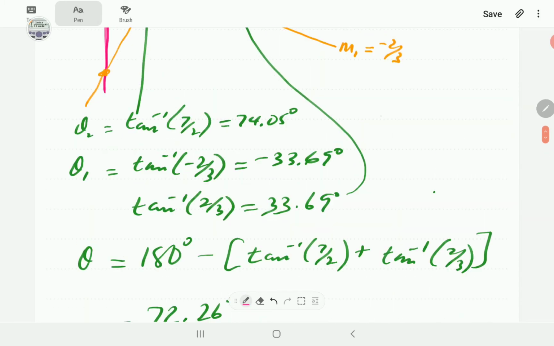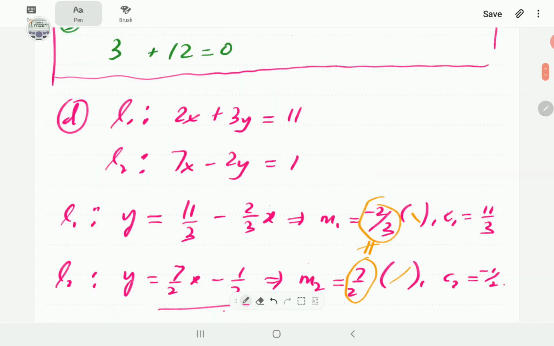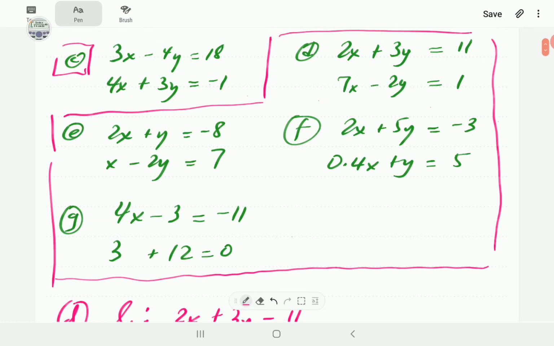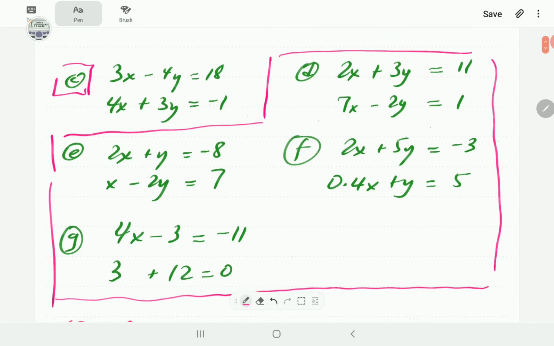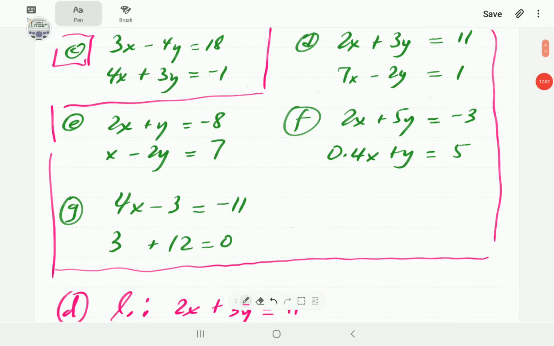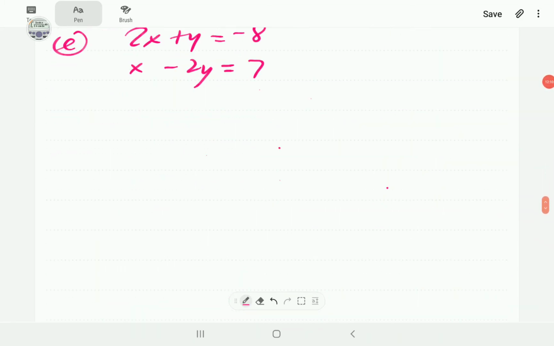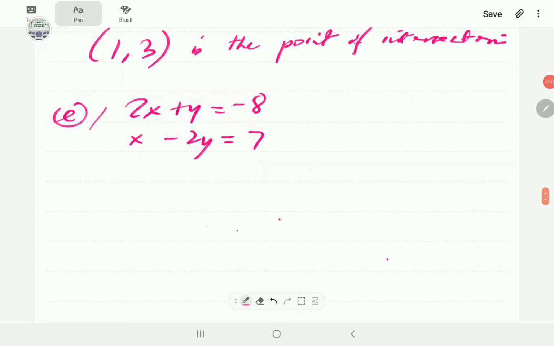Just go up here to confirm. Yes, E. So 2x plus y is negative 8, x minus 2y is 7. So let's call those ones L1 and L2.